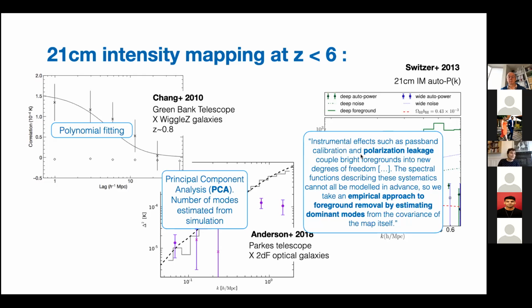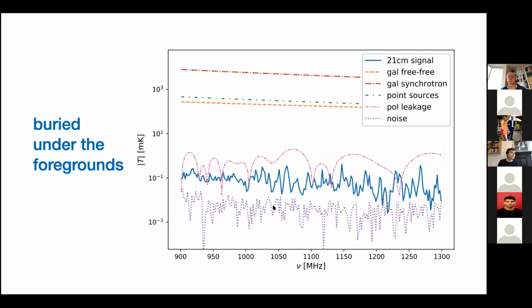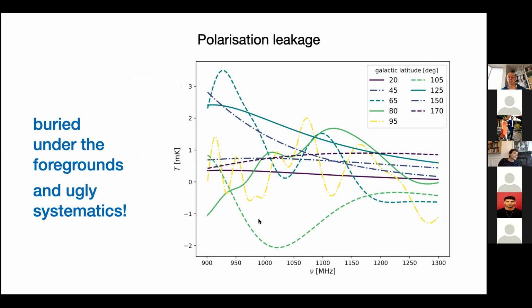Yeah, so they mentioned this polarization leakage that according to some models should look like this pink dashed line here. So it's something that is not as intense as the galactic foregrounds, but it's really oscillating, and it has a non-smooth behavior in frequency. And moreover, here I plot the same polarization leakage contribution as a function of line of sight, so for different pixels, and you see that it changes a lot also spatially from line of sight to line of sight.